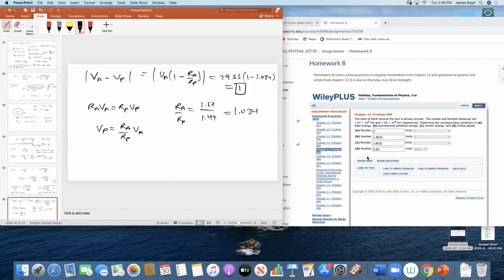Objects, as they orbit, closer, faster. Further away, slower. So it's kind of like throwing an object up against gravity. At the top it slows down and then it speeds back up as it gets closer to the surface of the Earth. Same thing happens in an orbit. As it gets closer, it speeds up, slows down, speeds up, slows down, okay?